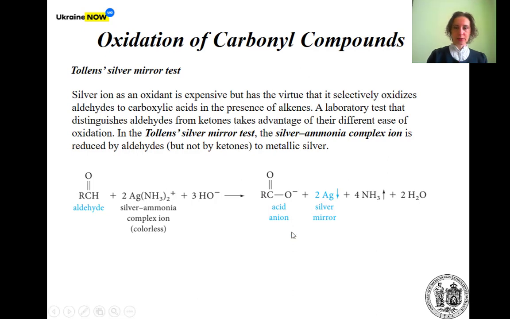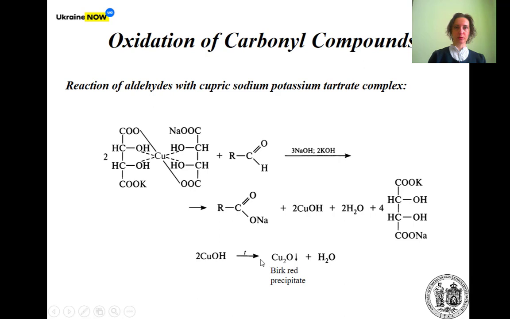One more test that can be used for carbonylic compounds, for aldehydes, is a reaction with Fehling solution. Fehling solution is a complex compound that is formed by a reaction of tartaric acid with copper hydroxide. Such a complex compound is formed. This solution has blue color, and after reaction copper is reduced. Here we have copper 2 valent, and here we have copper 1 valent.